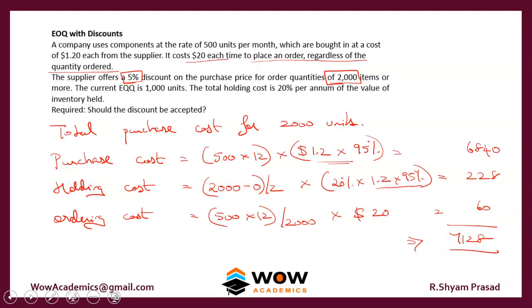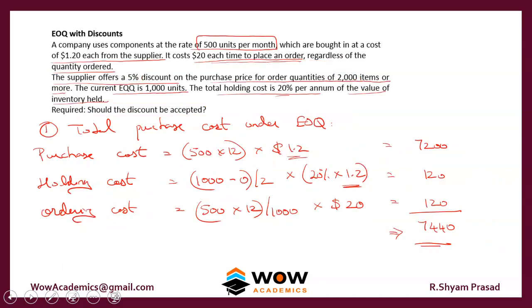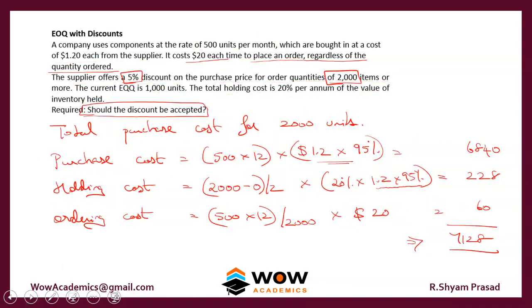Now our job was to find out whether we should accept the discount or not. If you look at it, the EOQ cost us 7440, and the 2000 units purchase cost us 7128.